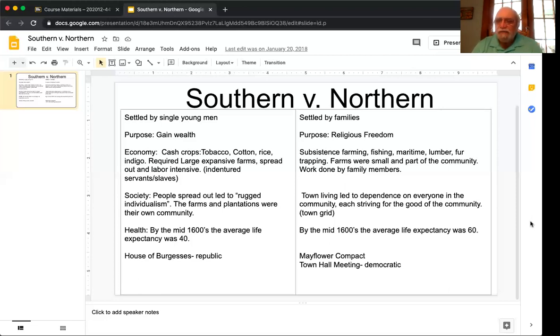And so it's a very individualistic, do-it-yourself kind of attitude. So from a social point of view, not a lot of social things going on in those colonies. The farms and plantations were spread out all over the place. They were basically their own community. The plantation was their own little community. Outside of that, everybody else was their competition.